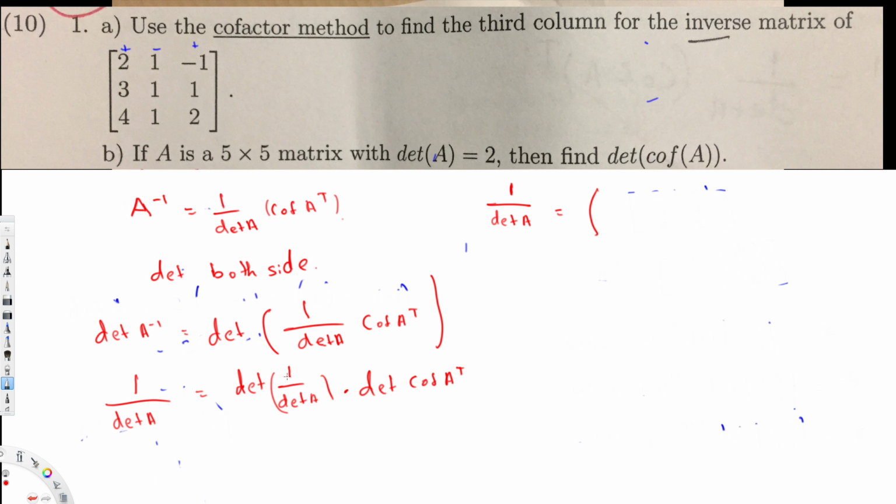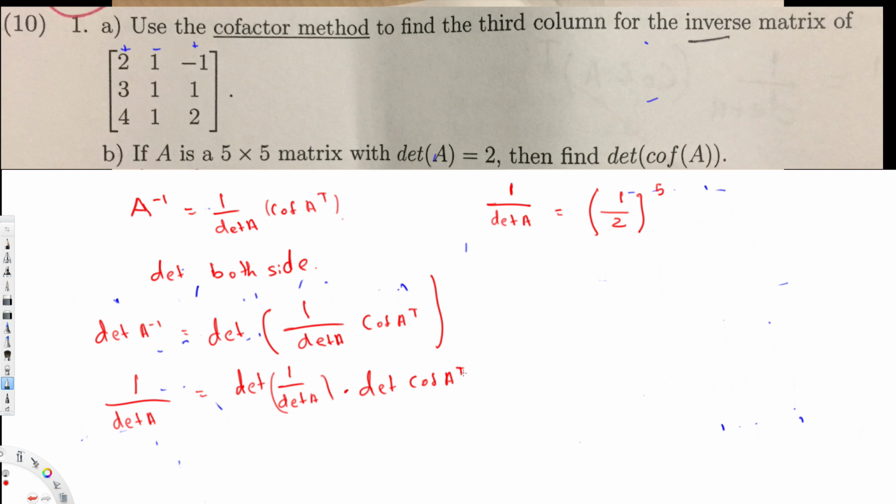So the determinant of this one is going to be 1 over, and the determinant is given here, it's 2, and since it's 5 by 5 we have to raise it to the power of 5. That's the main thing: we have to raise it to the power of the matrix size. If it's 4 by 4 we raise to the power 4, and the determinant of A is a number, so we can just raise it to a power.